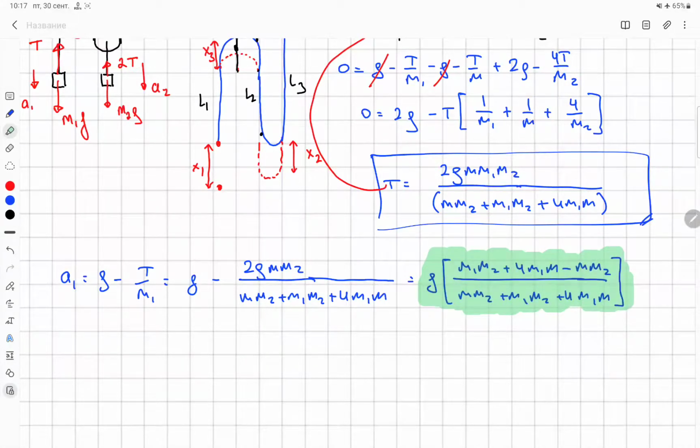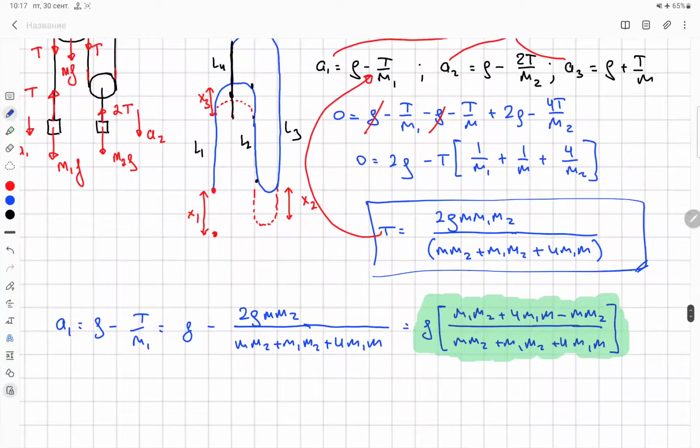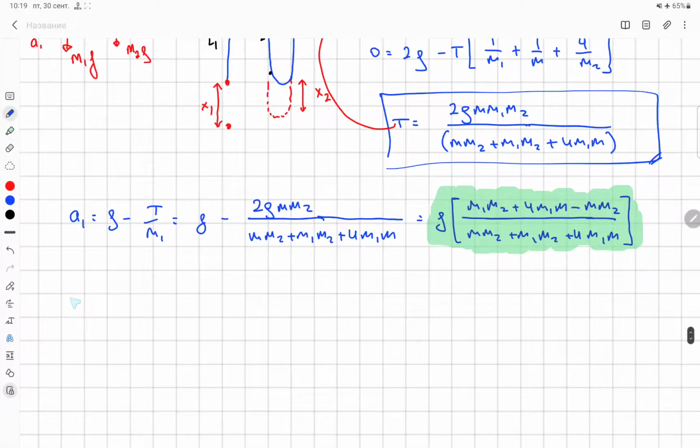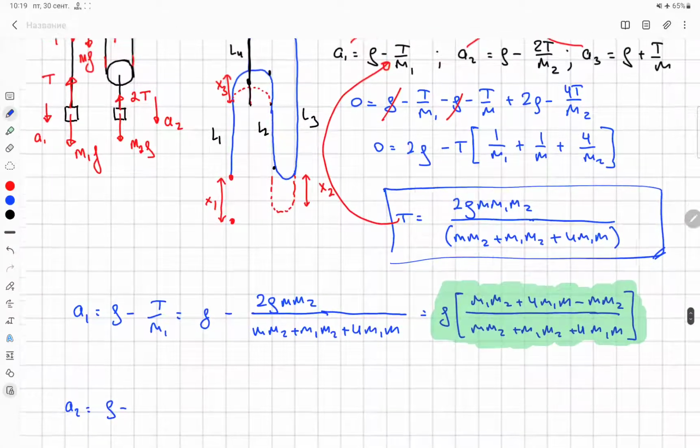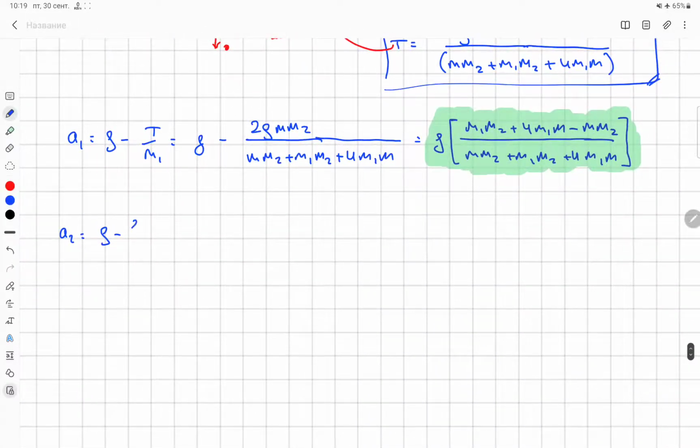In the same way, we can find the acceleration of the second object. Now the second acceleration, a2, equals g minus 2T over m2.